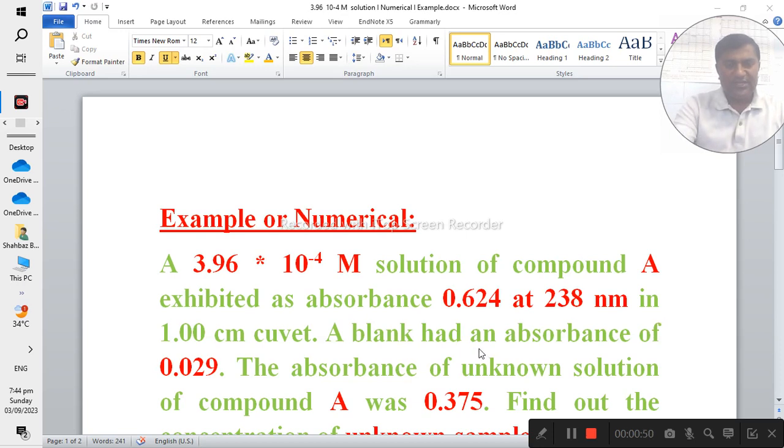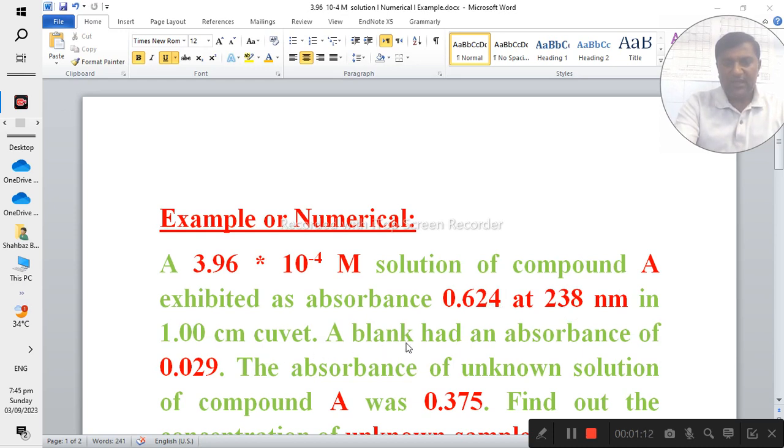This is the statement of the numerical: a 3.96 × 10^-4 molar solution of compound A exhibited an absorbance of 0.624 at 238 nanometer in a 1.0 centimeter cell.